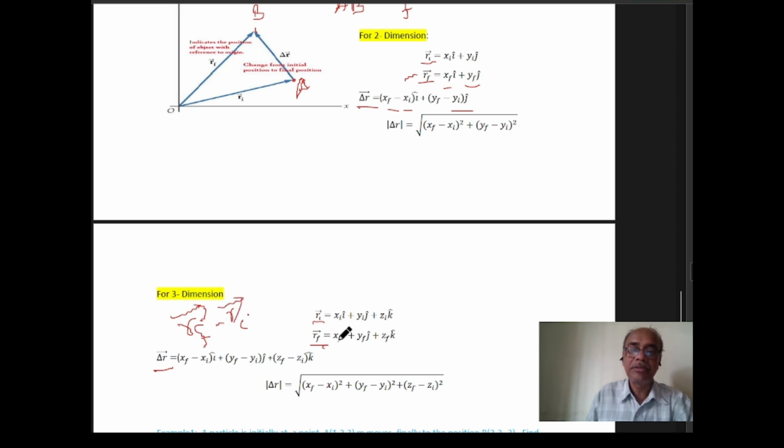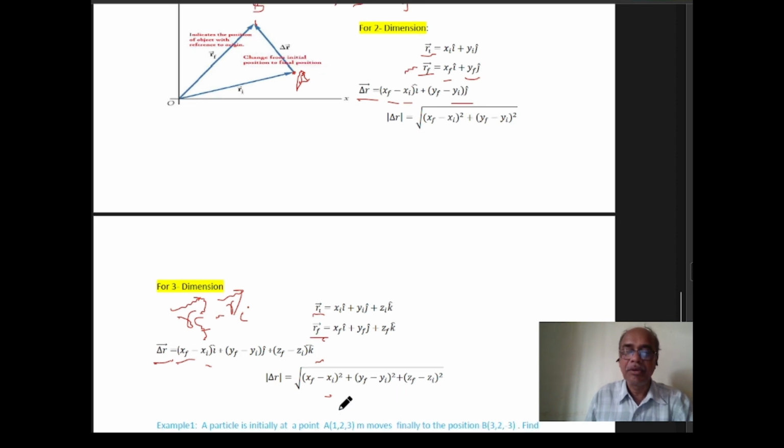Taking i common, it is (xf minus xi) i cap plus (yf minus yi) j cap plus (zf minus zi) k cap. So what is the magnitude? The magnitude is the square root of (xf minus xi) whole square plus (yf minus yi) whole square plus (zf minus zi) whole square.